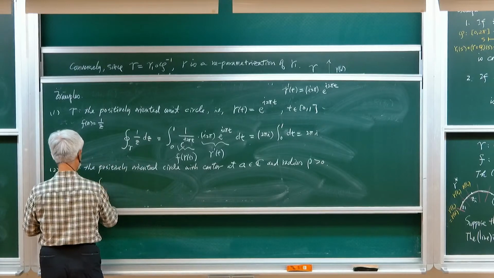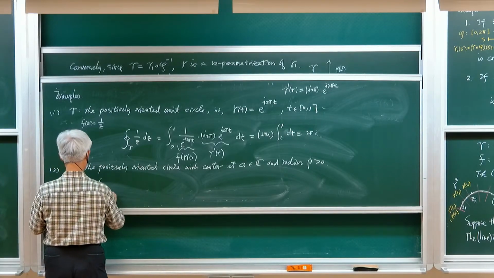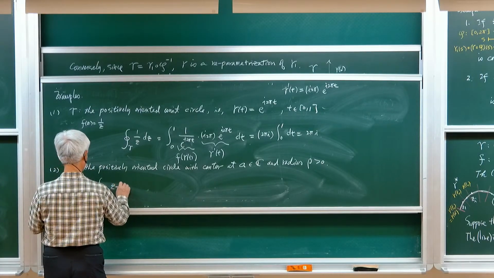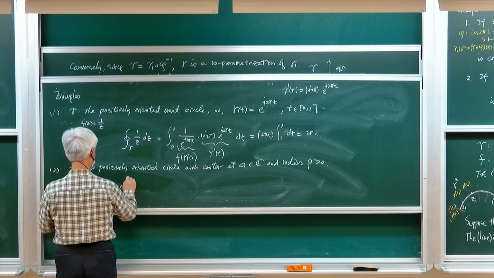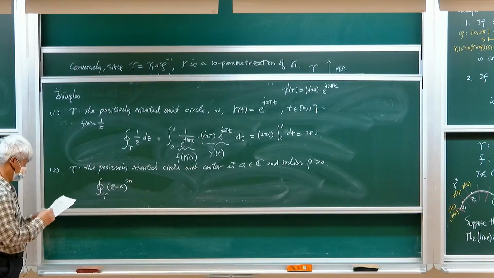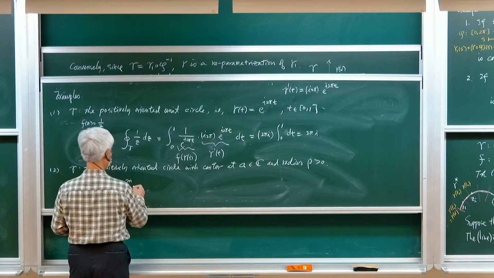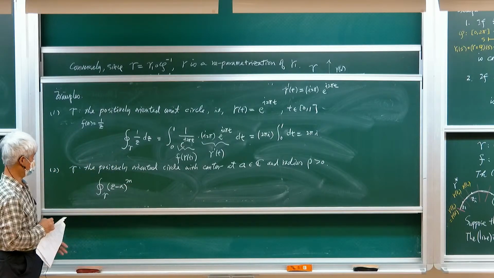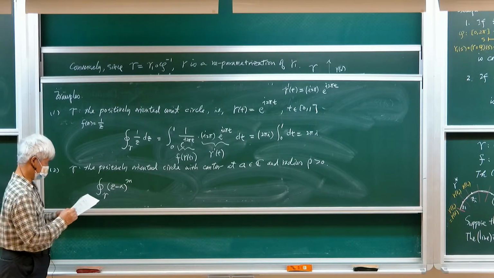Now we evaluate the integral over gamma of z minus a to the m's power, and m can be any integer.